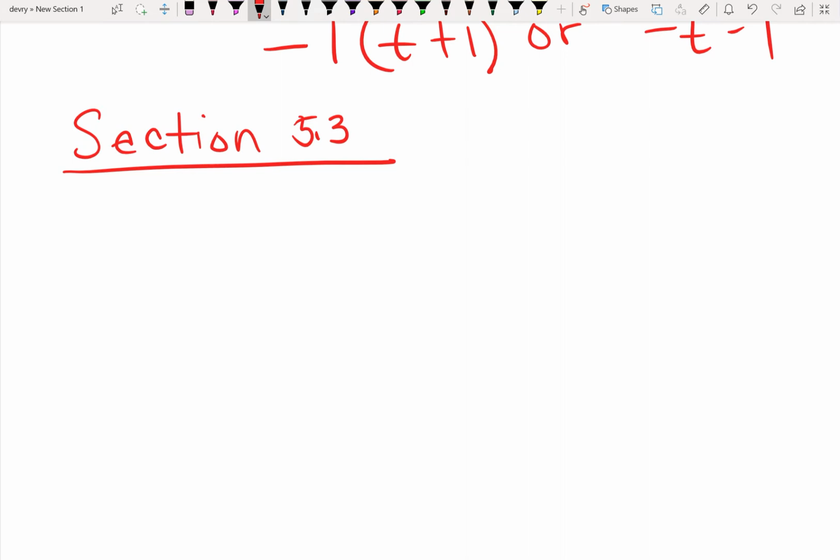In section 5.3, we're basically adding and subtracting rational expressions with like denominators. If you go back to the basics, let's add something like 2 over 5 plus 1 over 5. Because they both have the same denominator, we just need to focus on the numerator.